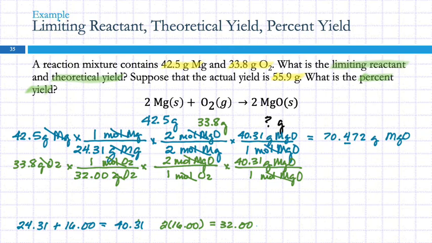So 33.8 times 1 divided by 32 times 2 times 40.31. And again, sig figs, there should be 3.